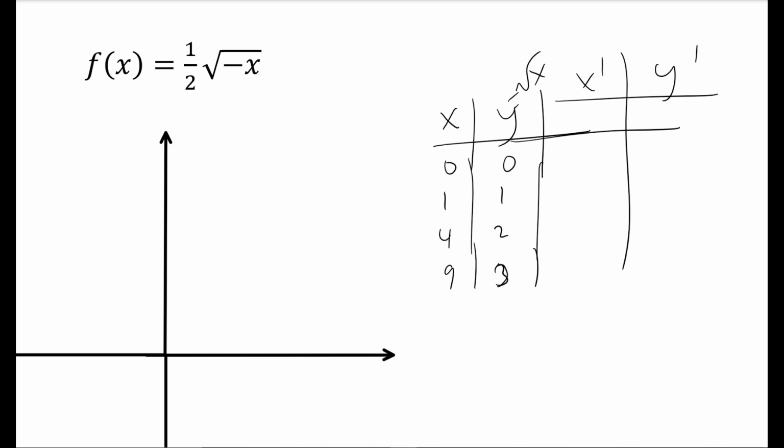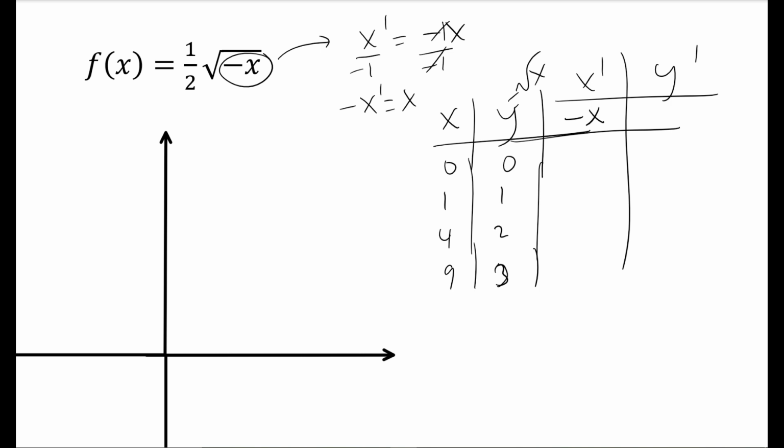All right, so x prime is negative x. This is a negative 1, so let's go ahead and divide by negative 1 on both sides. So it's negative x prime as well. So in this case it's going to be negative x, all right? So that's our transformation, it's just going to make it negative.